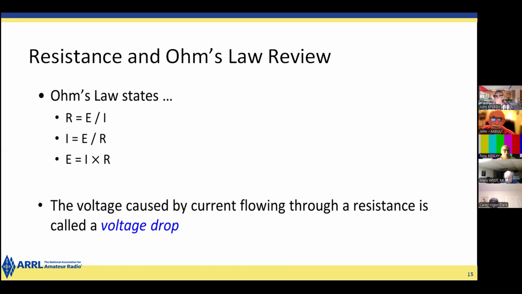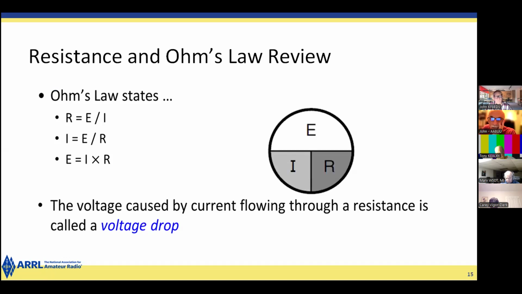Ohm's law states that R equals E over I, I equals E over R, and the master equation E equals I times R. The voltage caused by a current flow through a resistance is called the voltage drop. And E equals IR. So this is a way to remember these equations.